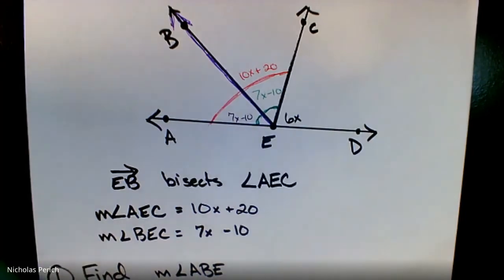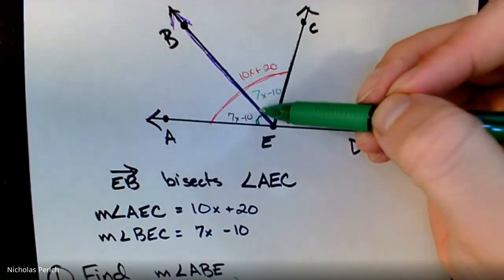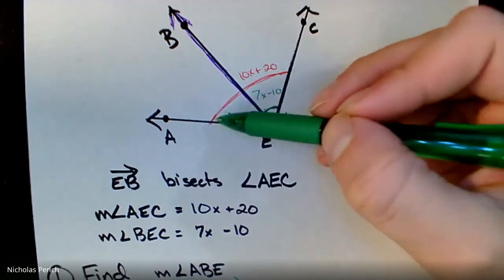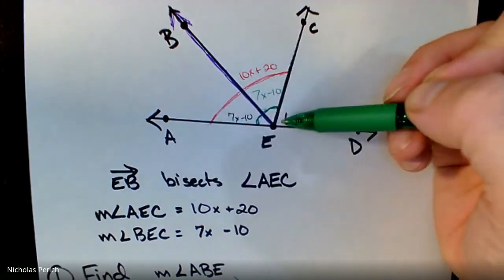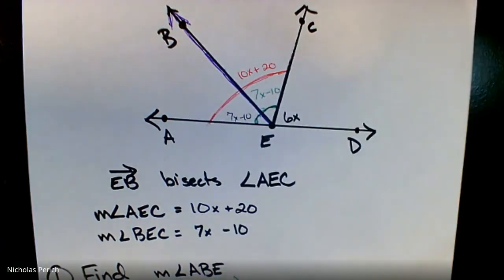Or I can just say that big hoopy thing, which is 10x plus 20, equals the measure of BEC, which is 2 7x minus 10s. Again, what I did is I know that 2 of these green things makes a whole red thing. So I said that red thing is 2 of those green things.